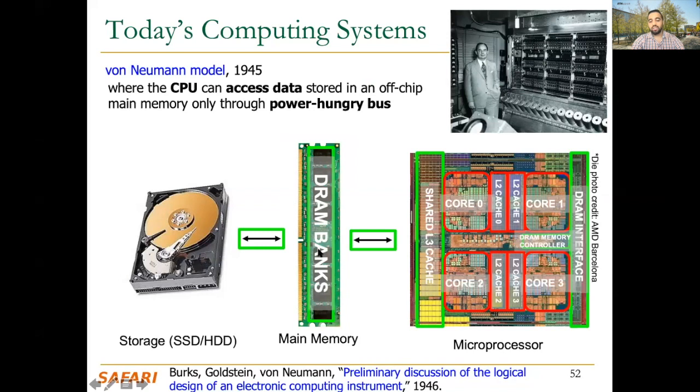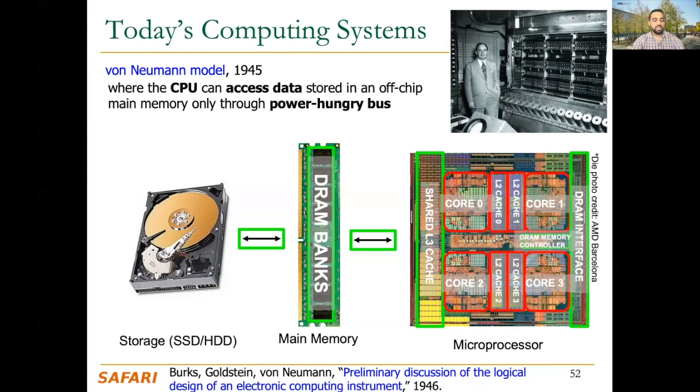Or you have the data stored and you do the computation in totally separate components, so you move the data from storage to memory to caches all the way to the core. Then you do the processing, then you move back the results to the memory and store it in the storage. It could be very inefficient for some applications, especially if they are memory bound, or it could be very efficient for some applications where you are compute bound. It really depends on what you are looking for, what is the right thing.